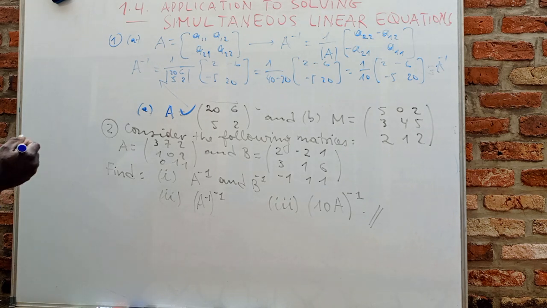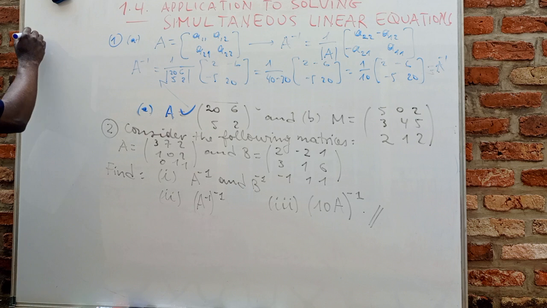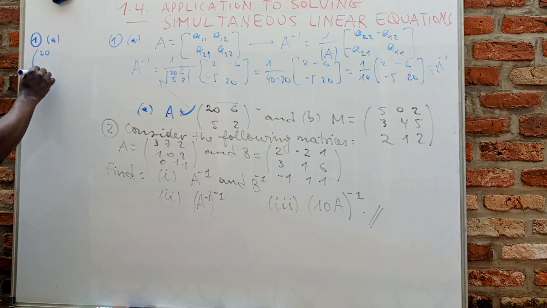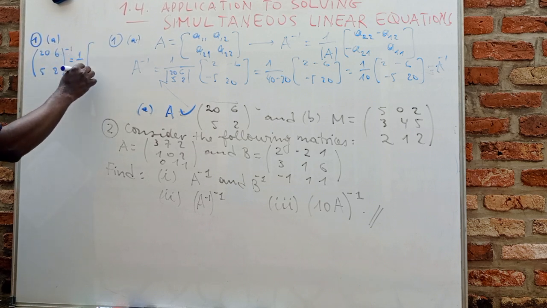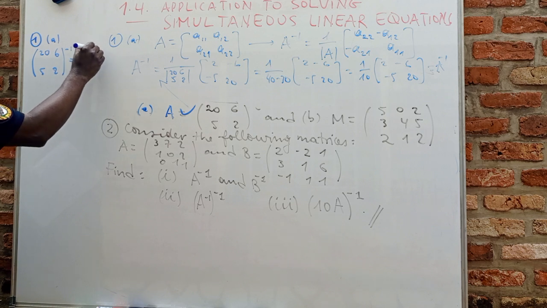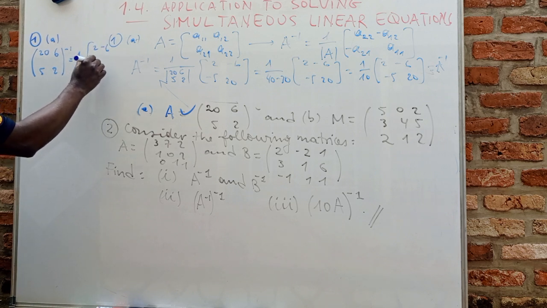Let me just keep the answers here for all to see. So question A: the inverse of 20, 6, 5, 2 is 1 over 10 times 2, negative 6, negative 5, 20.